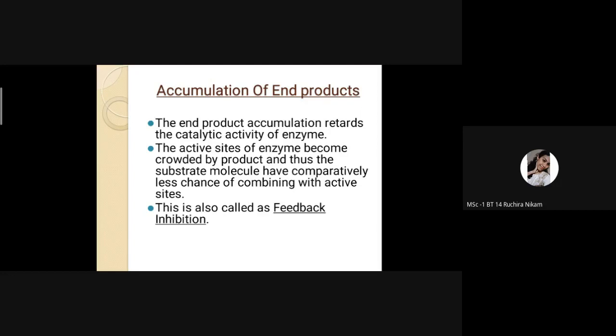Since the active sites of enzyme start to get crowded with the product, the rate of reaction will decline because the substrate molecules will have less chance to bind to the active site. This inhibition, which is caused by the end products, is a regulation mechanism of enzyme, also known as feedback inhibition or allosteric modulation.